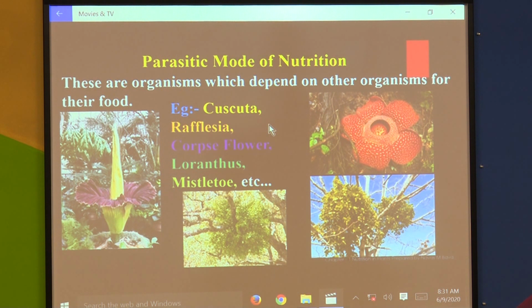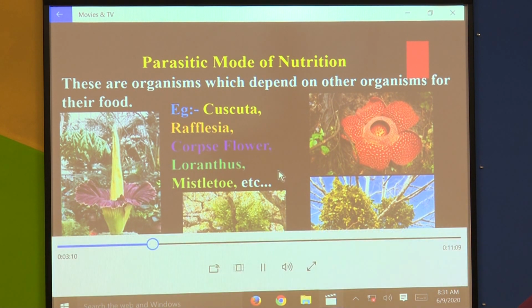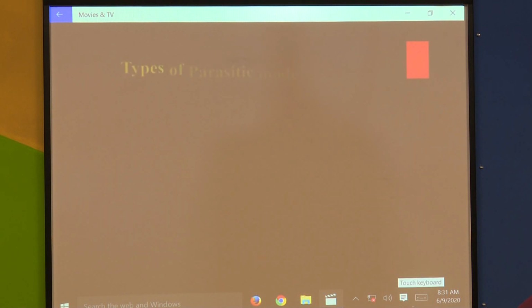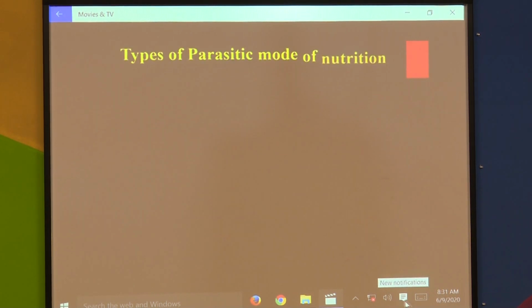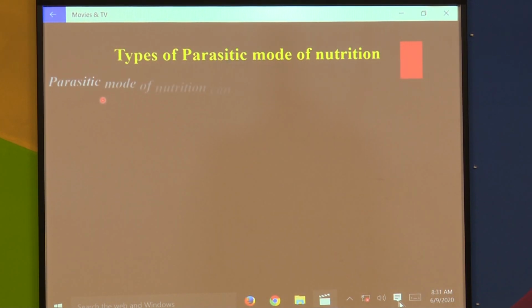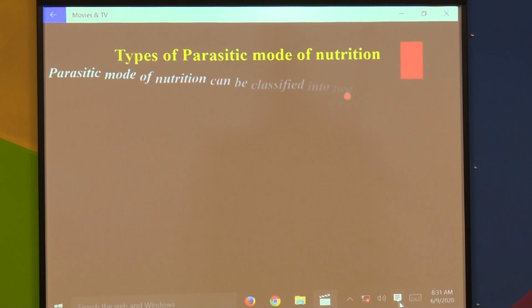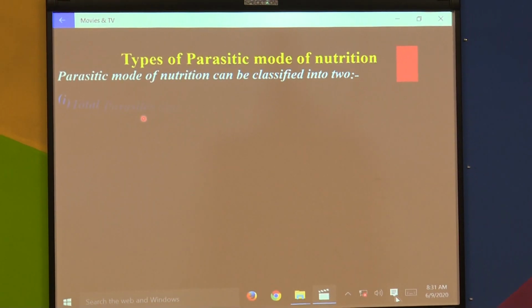These are some examples of parasitic mode of nutrition, and here you can see pictures of all these plants. There are types of parasitic mode of nutrition. Again, there are 2 types: first, total parasites, and second, partial parasites.